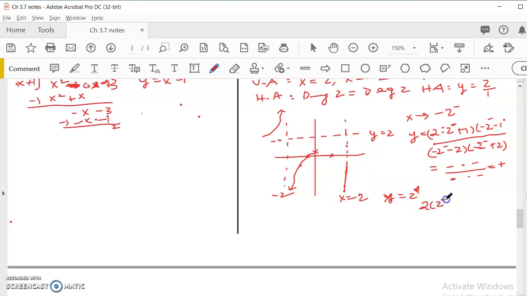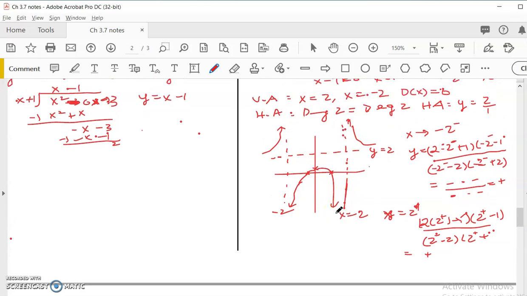Plugging it in, 2 times positive plus 1, 2 times positive minus 1, so both of them are positive. The bottom, positive minus 2 is also positive, and positive plus 2 is positive, so all of them are positive. So on this side it's going up. And for this one, you can see that they go different directions because the multiplicity is odd. So that would be the sketch for this graph.